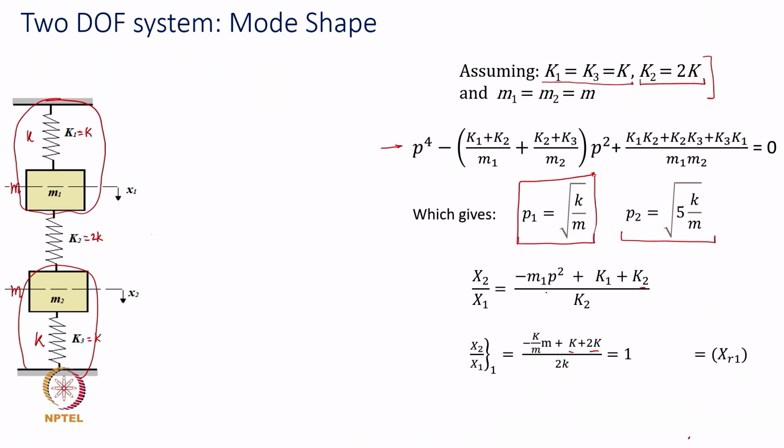So, what I am doing here is I am substituting for p square as p1 square, which is going to be k over m, and you can see that when I substitute that, this entire expression evaluates to 1. You can just cross check it yourself.